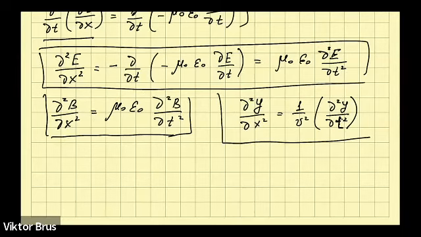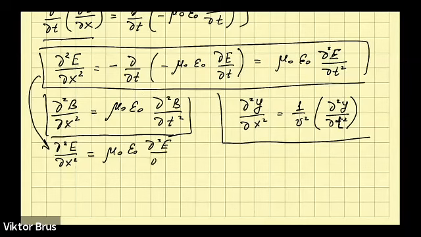The same actually stands also for electric field. So d square E over dx square is equal to mu naught epsilon naught d square E over dt square.